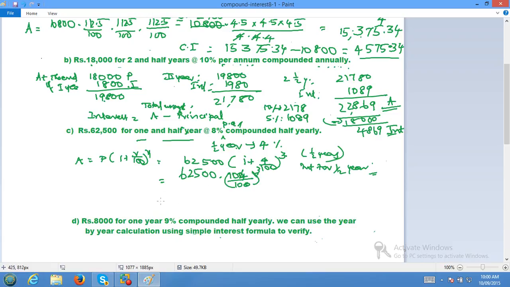So you try to do the multiplication, you get the answer as 70,304. So interest equals amount minus principal, 70,304 minus 62,500, you get 7,804.